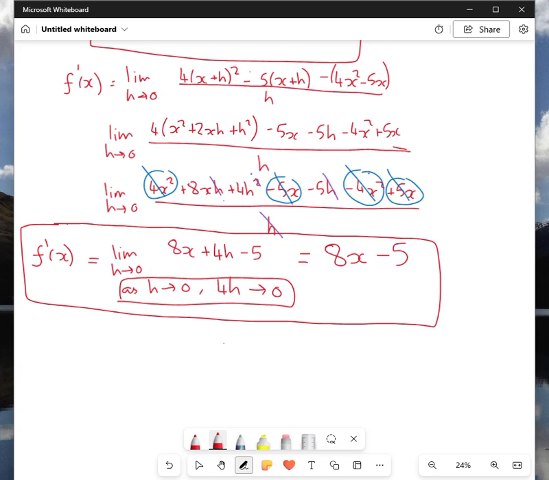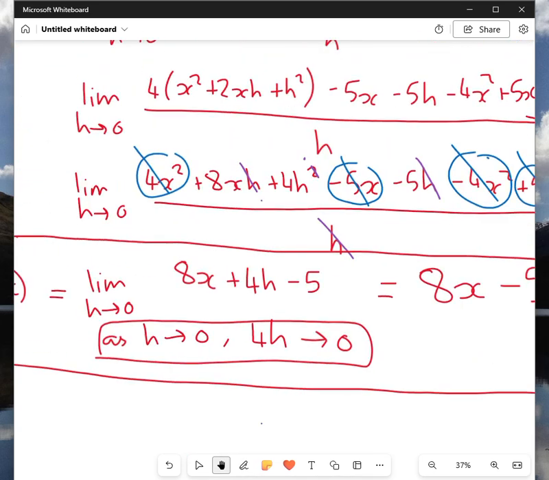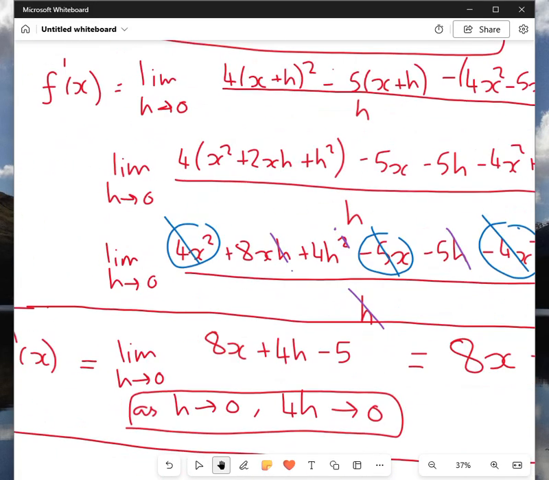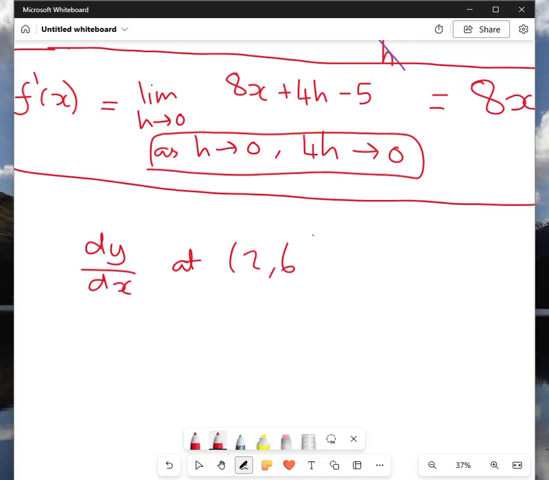Now that's the tricky bit. Now let's do the simple bit. From all that, we wanted to know the gradient at (2, 6), so we want to know what dy by dx is at (2, 6). That means we just put x as 2 in, don't we?